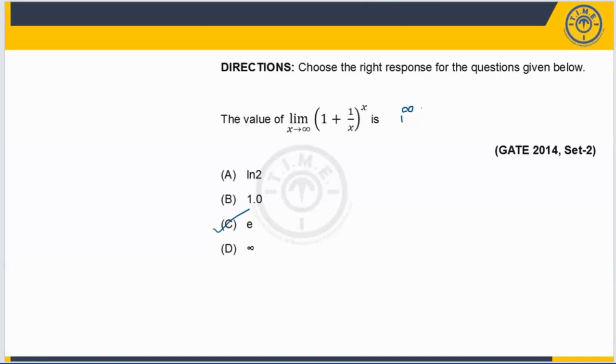So if it is 1 to the power infinity, then it is indeterminate form 3. So e to the power limit extending to infinity g of x into f of x minus 1. So why remember individually for each and everything when you have a direct procedure? x and x will get cancelled. So that is e. That's it.